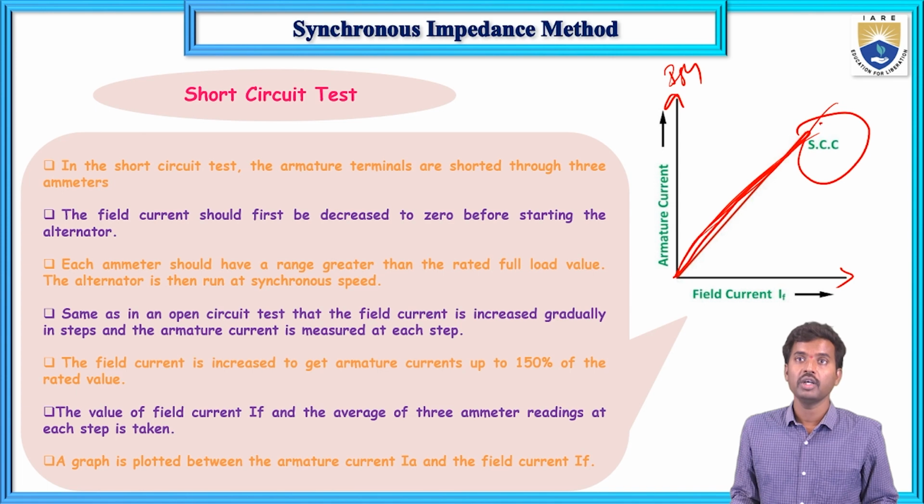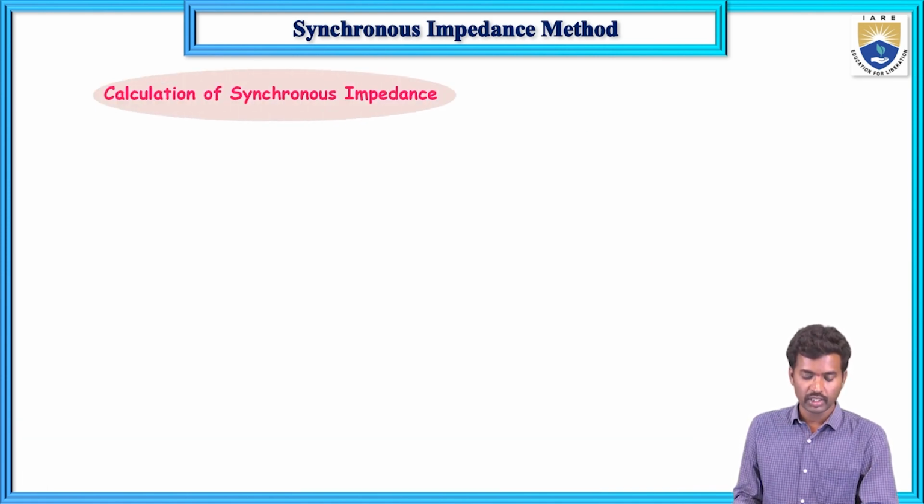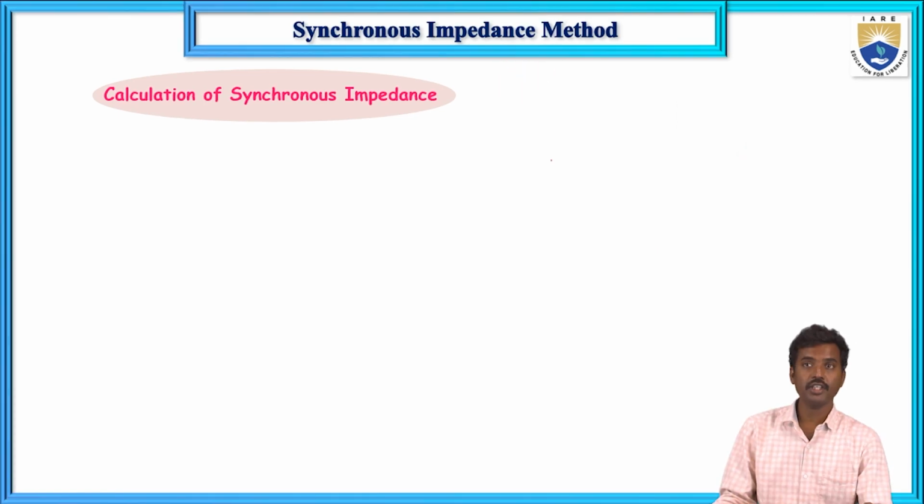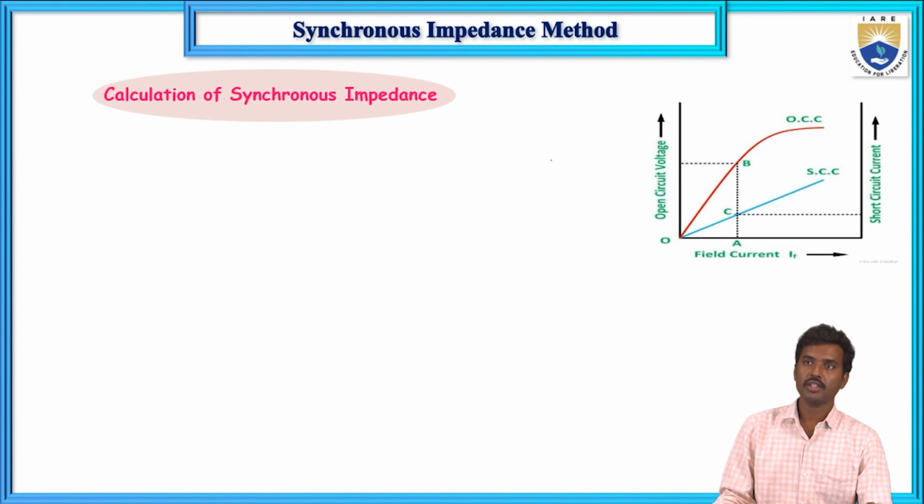Now from the DC resistance test, short circuit test and open circuit test, you can calculate the impedance value. So the synchronous impedance Zs, how will you calculate it? The synchronous impedance can be calculated from the open circuit characteristics and short circuit characteristics on the same graph.